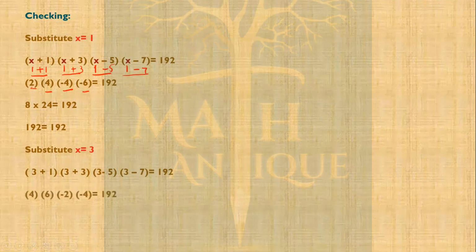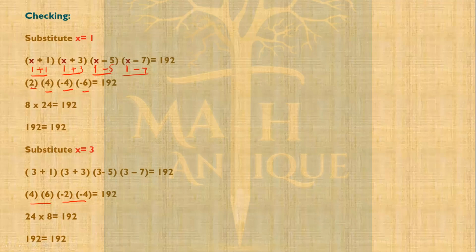After simplification, 4 into 6 is 24, and negative 2 into negative 4 is positive 8. 24 into positive 8 is 192 again. So x is equal to 3 is also true for the equation because it satisfied the equation.